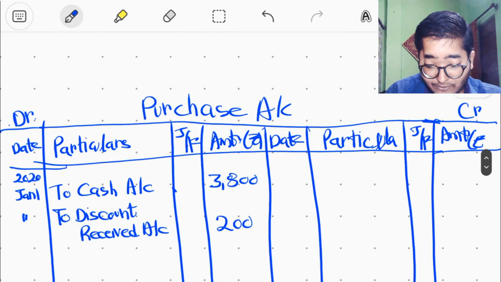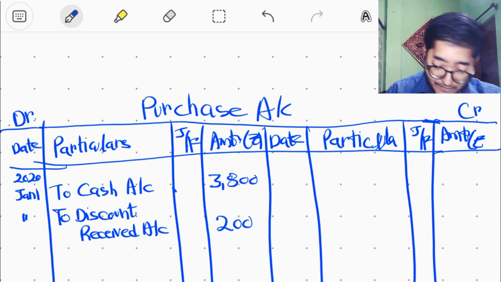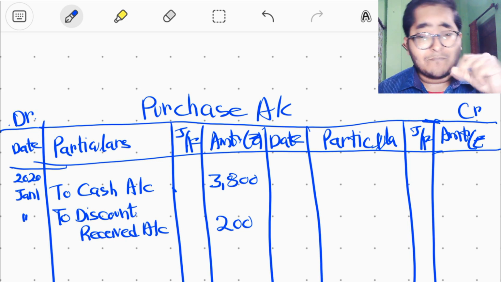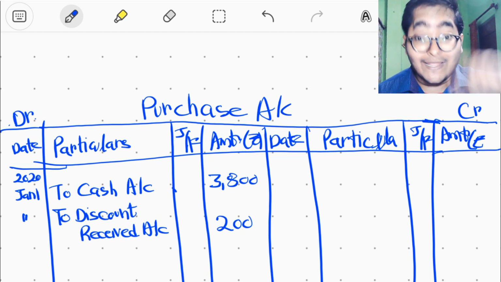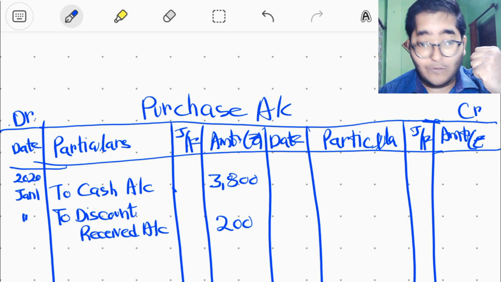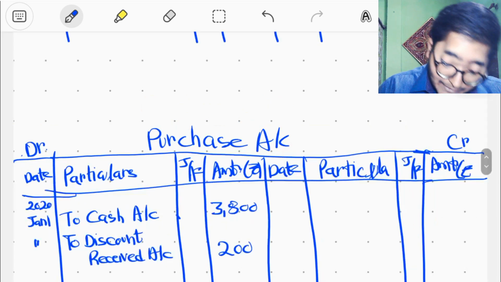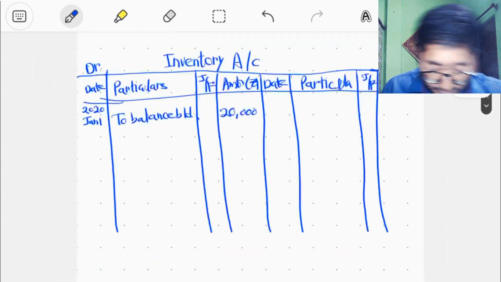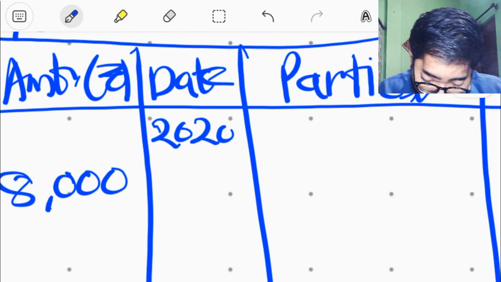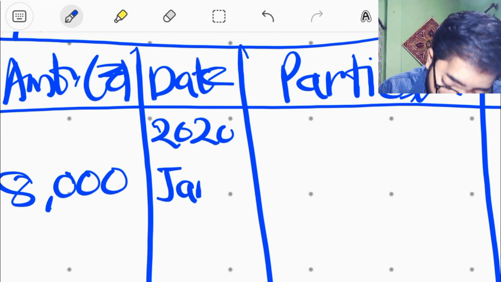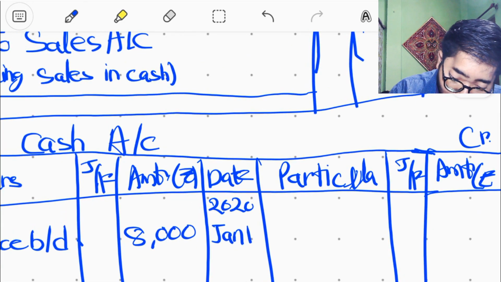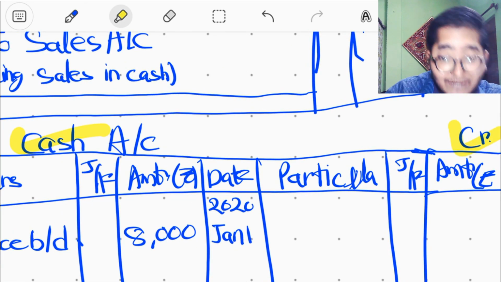So purchase account is debited for 4,000 rupees. Now we all know that one transaction affects minimum two accounts. In this case, this transaction will affect three accounts. Purchase account affected. Now it's time for cash account. On January 1st, due to this purchase, cash is moving out. So this cash account would be credited.